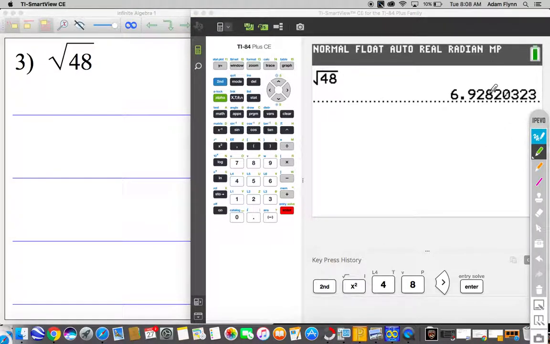Because this 8 is larger than 4, so 5 or higher, that means I have to make this a 3. I'll round up. So the square root of 48 is approximately 6.93, and that is a completely acceptable answer, rounded to the hundredths place.